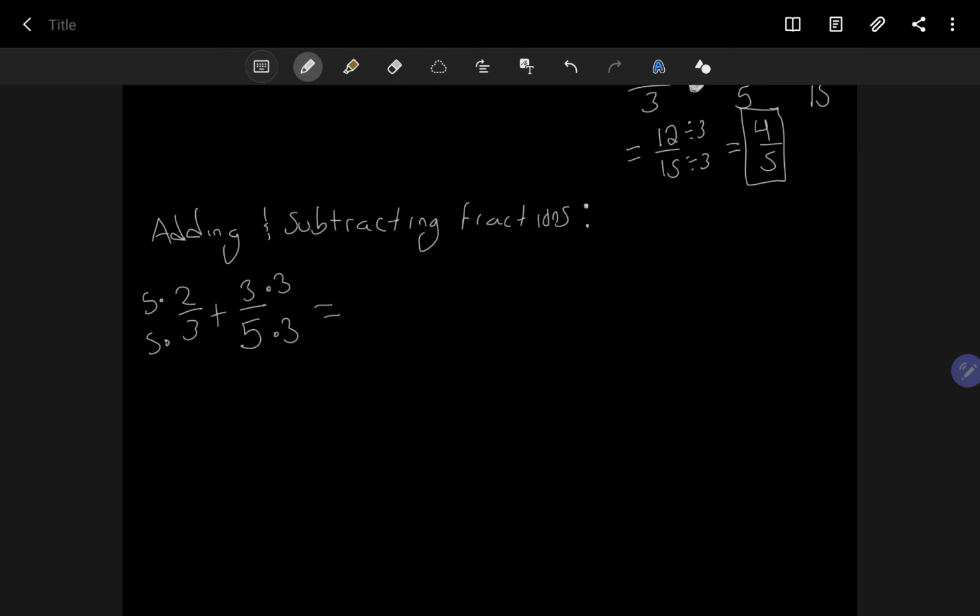The reason why we do this is so that we get the same LCD, which means lowest common denominator.